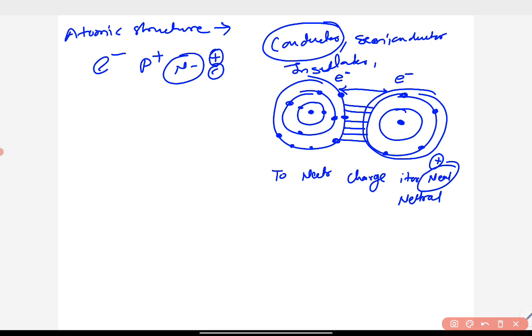So this atom will borrow an electron from the nearest atom and it will become positive. In this way our electrons will transfer, and in the opposite direction our current will transfer.